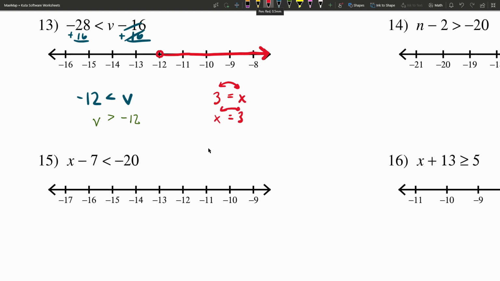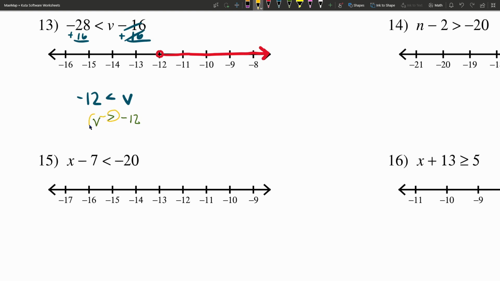You can do that with an inequality, but there's one important step. You need to make sure that if you do switch the sides, you also switch the way your inequality is facing. So negative 12 represents values less than v. So when I switch those sides, that means that v represents those values that are bigger than or greater than negative 12. Again, referring back to that Pac-Man or Miss Pac-Man, you can see that it wants to eat the v, that bigger value, and right below, same exact thing.